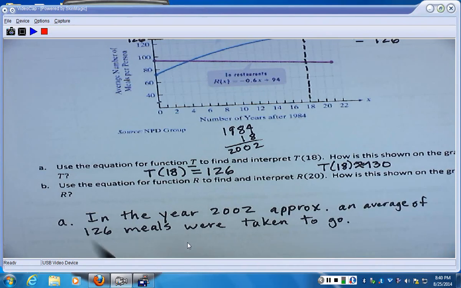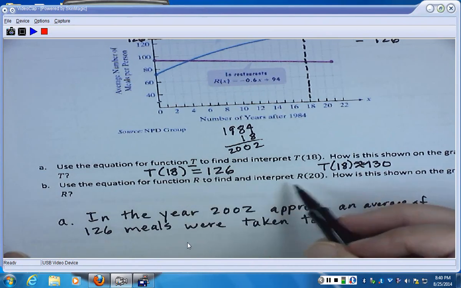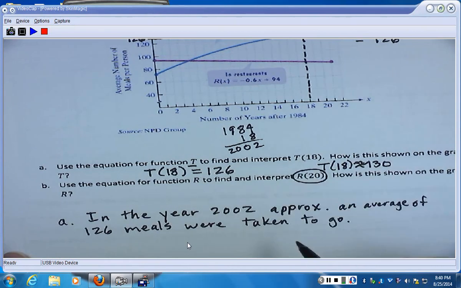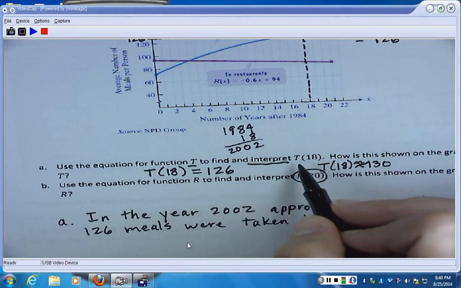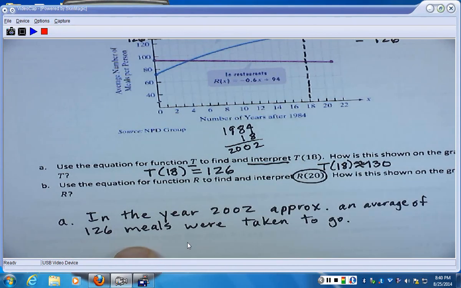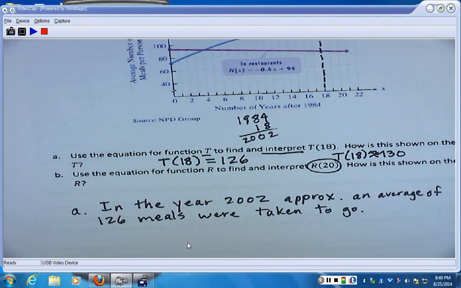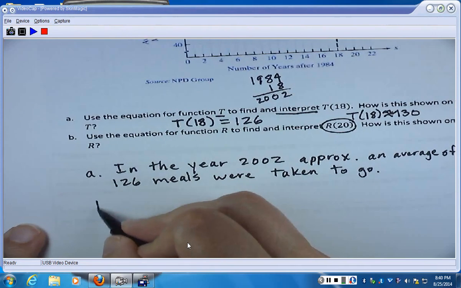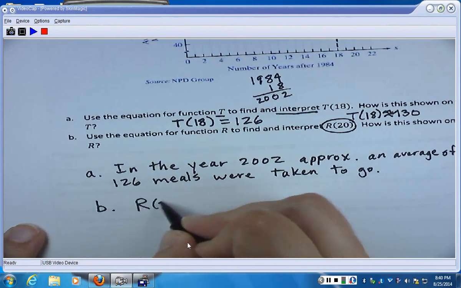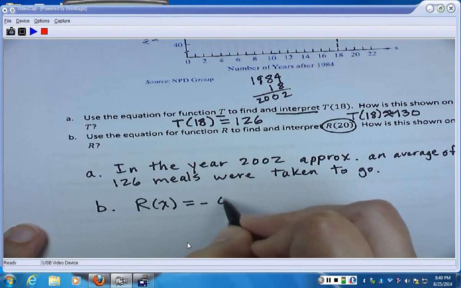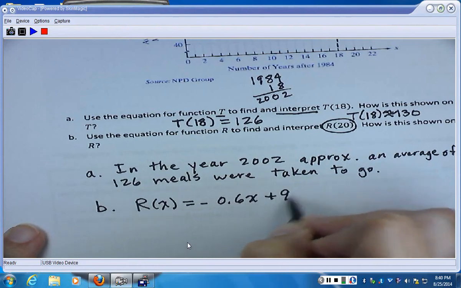Okay, use the equation for the function r to find and interpret r of 20. So this is interpreting t of 18. What I wrote out in words is interpreting t of 18. What's that really mean? That's important for you to be able to do that for a word problem. And so r of 20, here's the equation for r. I'll write it here. r of x is negative 0.6x plus 94.